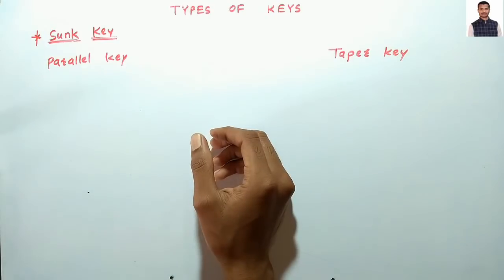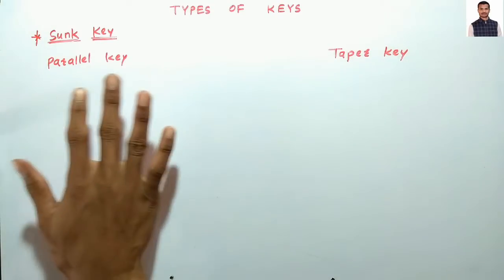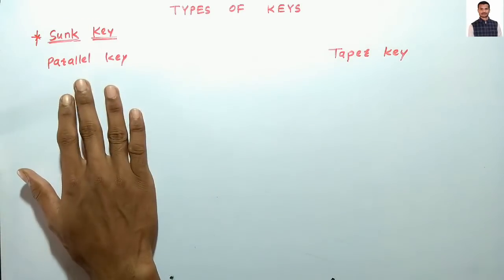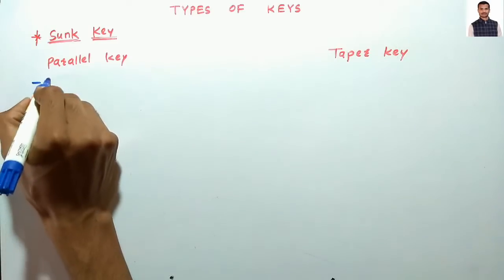Now see, the sunk key is again classified into two types, that is parallel key and taper key. Now what is parallel key?